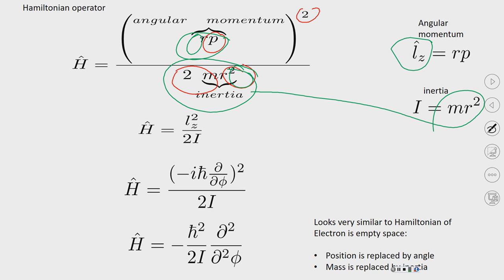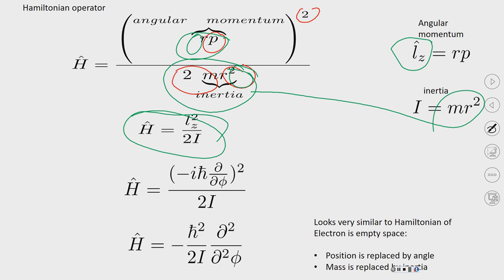And then the Hamiltonian is recast in different variables. So angular momentum squared over twice the inertia. By functional form, it is the same form as before. P squared over 2m: measure of motion over twice the measure of inertia. Here, measure of angular motion squared over measure of inertia.